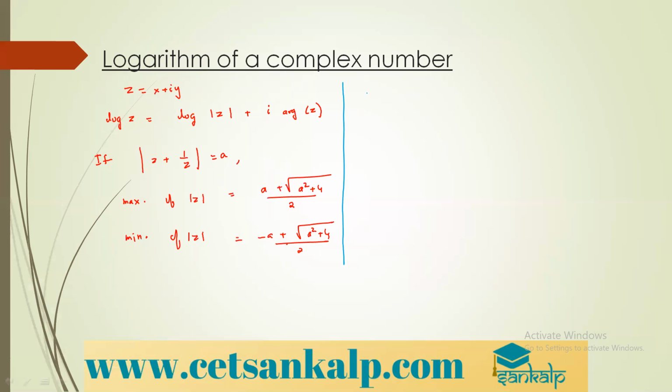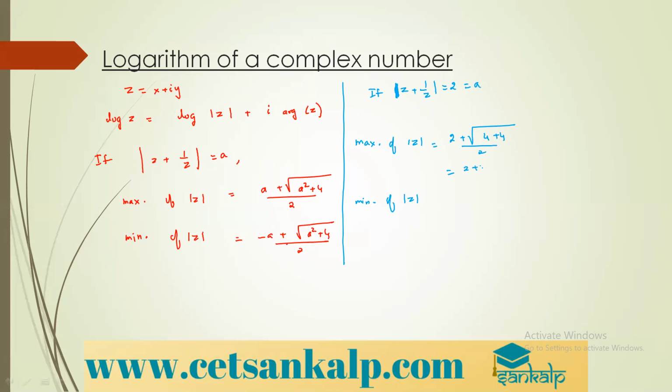You will understand better. Suppose in the example, modulus of Z plus 1 by Z equal to 2, and you have to find the maximum of modulus of Z and the minimum of modulus of Z. As I know A is 2, so I will take 2 plus square root of A square 4 plus 4 by 2.